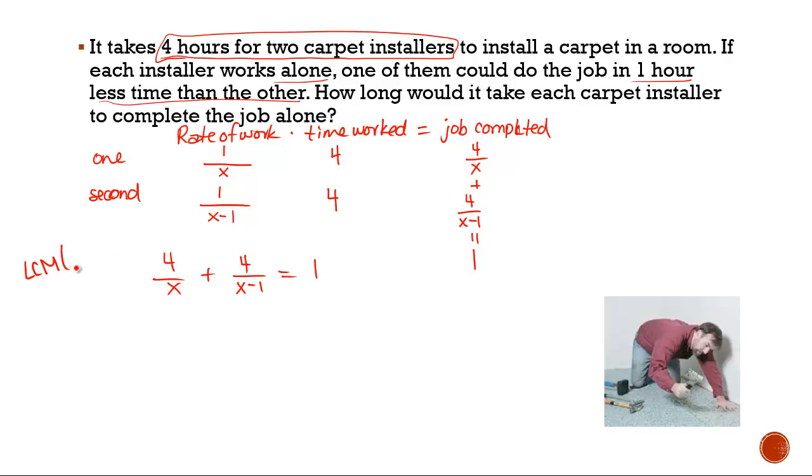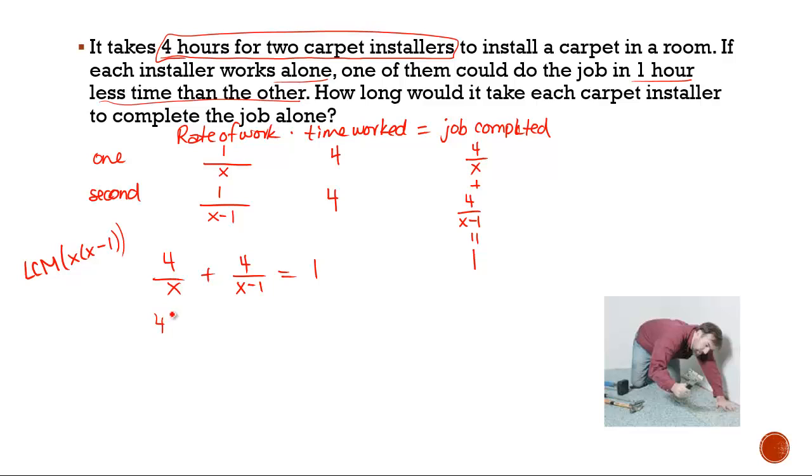The LCM was X times X minus 1. So if we multiply that here, we'll have 4 times x minus 1 left, and here we'll have 4x left, and here we'll have x times x minus 1. So that's 4x minus 4 plus 4x equals x squared minus x.